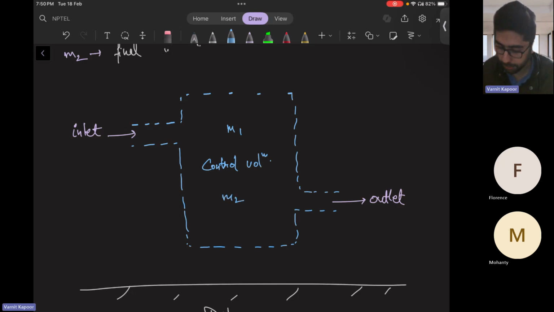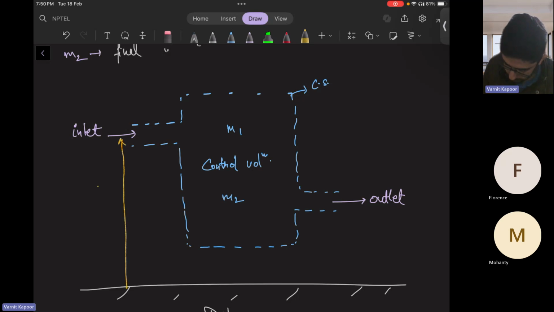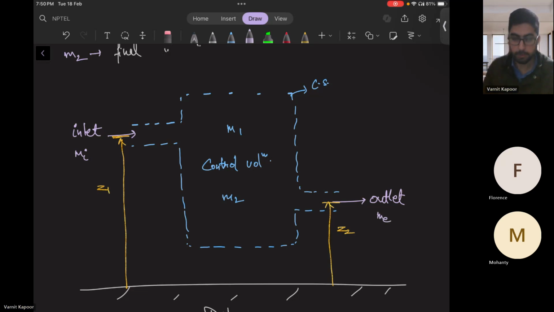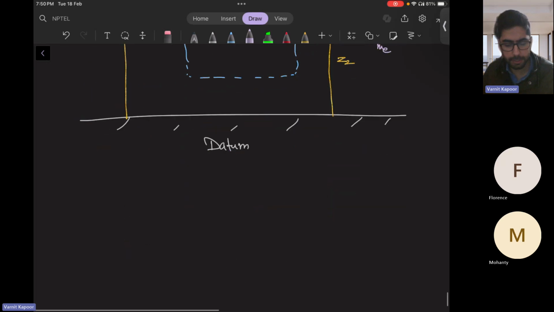This is your control surface. We have discussed all this. The initial head is at Z1. The head here is at Z2 of the outlet. Then mass at the inlet is Mi and mass at exit is Me. Rest all the properties are the same, H1, U1, T1. That will remain the same. I'm not writing it again.